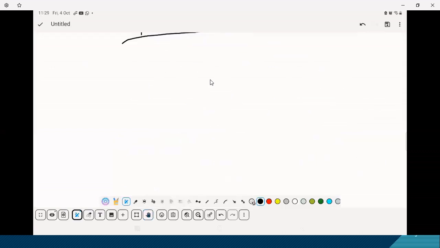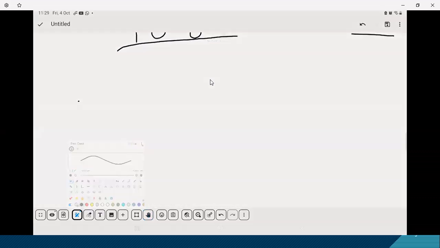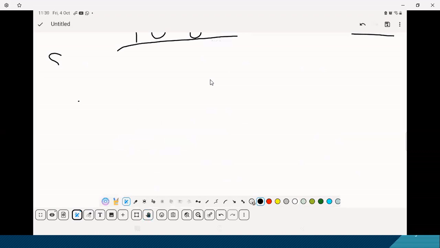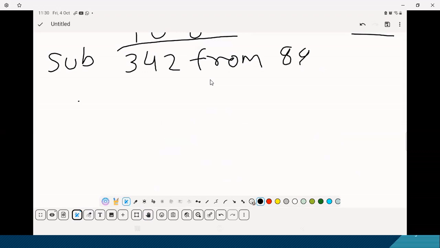Let's see an example of subtraction. Subtract 342 from 888. So simply the step number one, we have to write the number in HTO pattern.